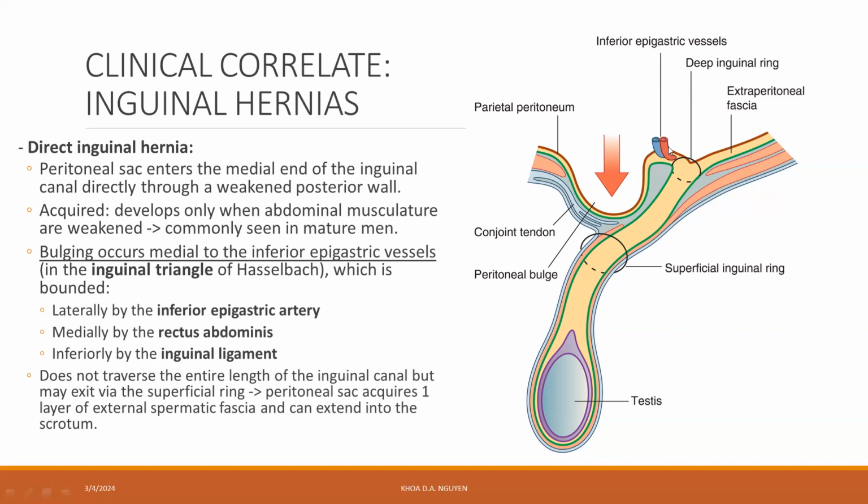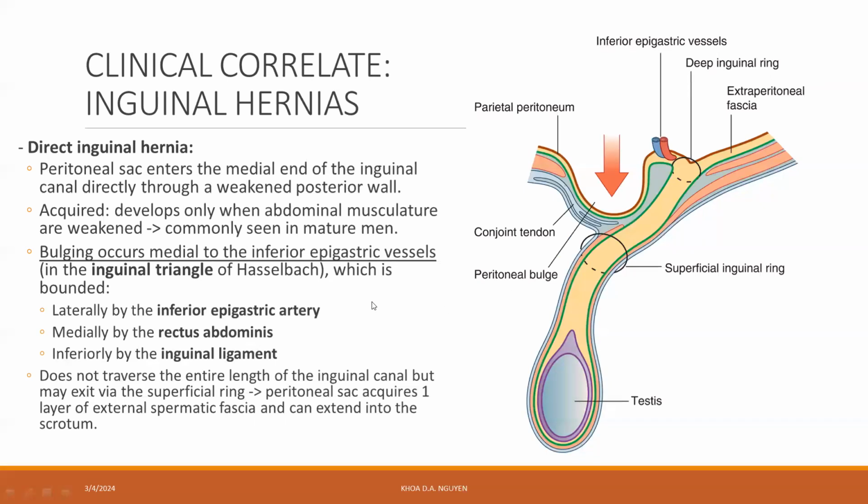So this is the lateral boundary. Medially by this rectus abdominis right here, and inferiorly by the inguinal ligament. And therefore, there will be a triangle in this area where things like, for example, a peritoneal sac containing intestines can herniate through if the anterior abdominal wall is weakened.